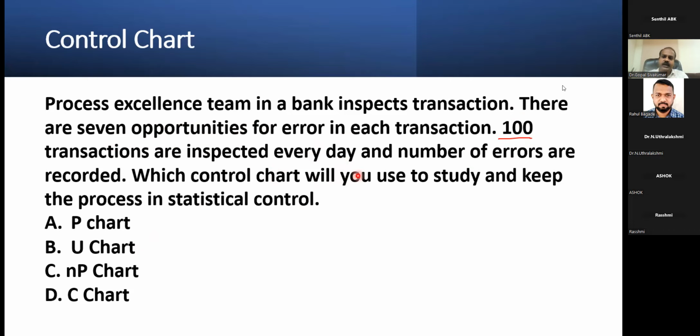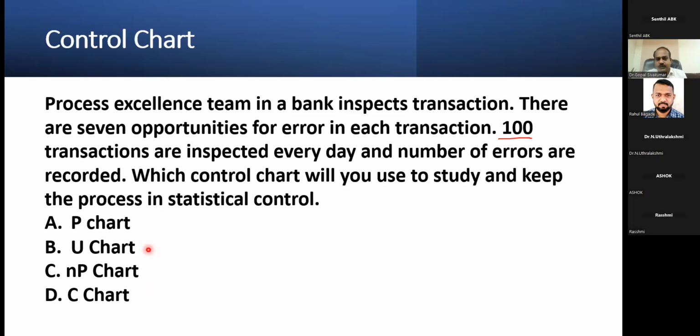That means they are not just trying to find out whether the transaction is success or failure. When checking success or failure, they are talking in terms of defective. But here they are talking in terms of the number of errors in each transaction, that means defects. Now, the option is only between C and U. Do you understand, all of you?